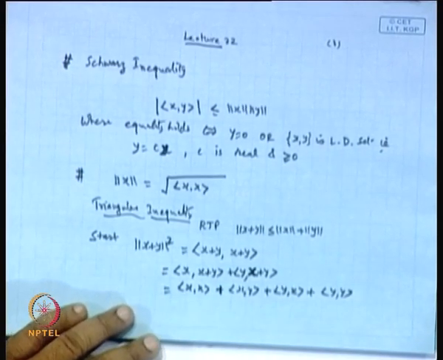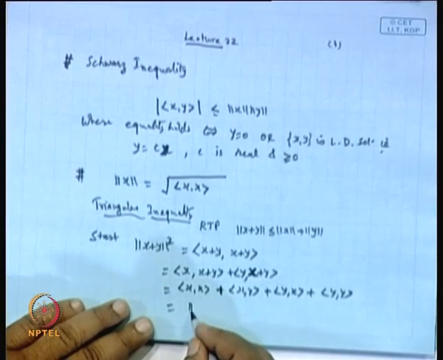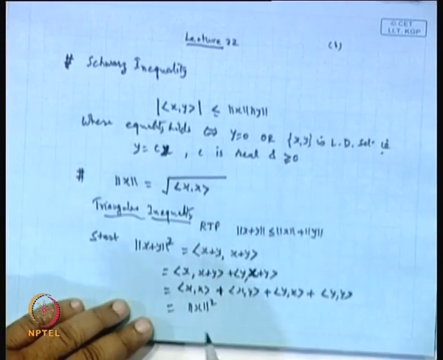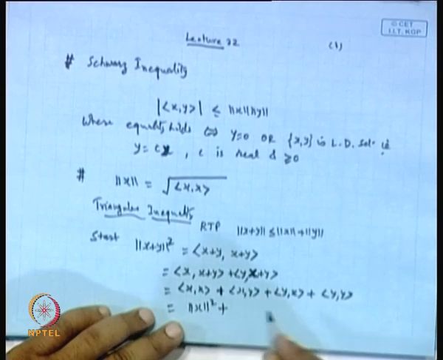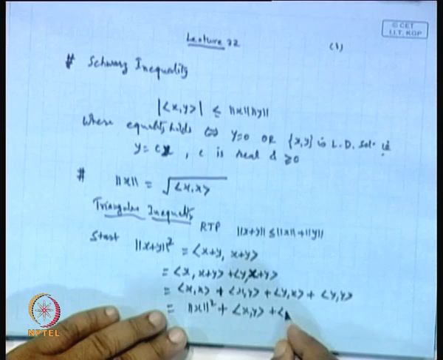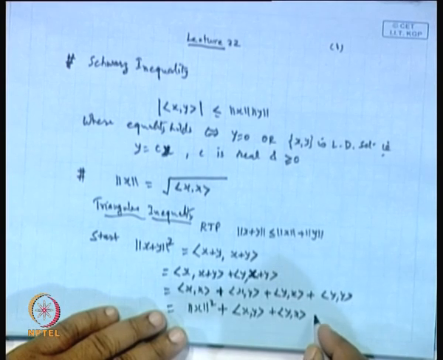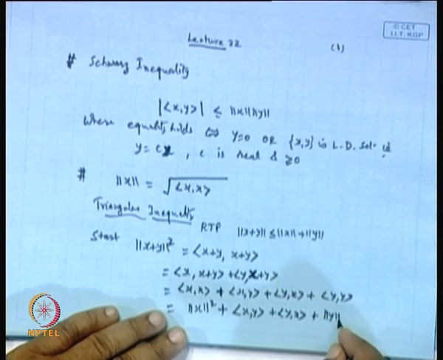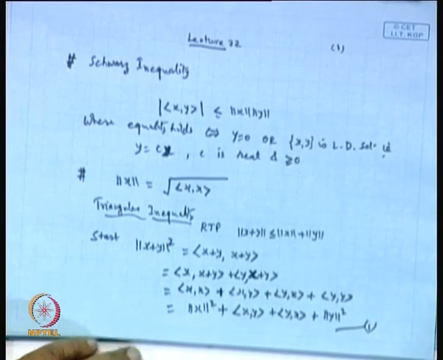But the first is norm of x square by this definition, and the last is norm of y square; let the middle terms be as they are.